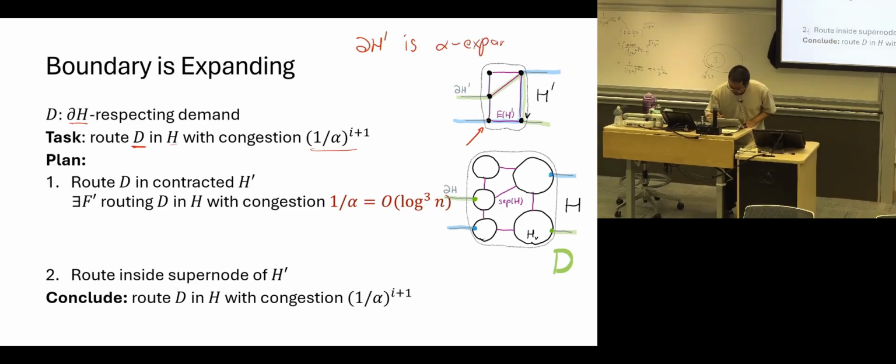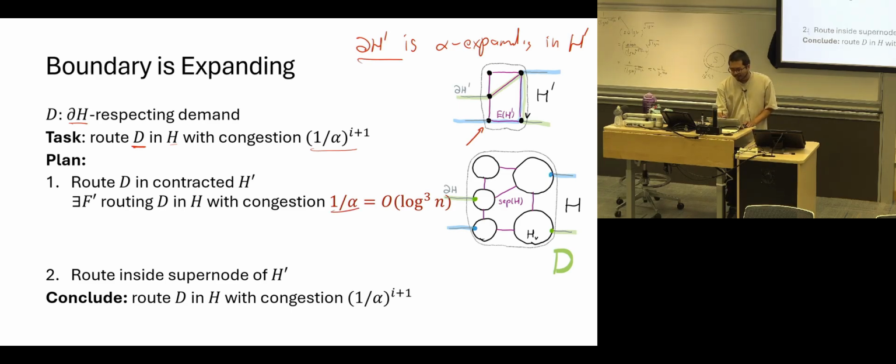Exactly. The boundary of H prime is alpha expanding in H prime, right? So if the boundary is alpha expanding in H prime, then you can route it with congestion 1 over alpha.